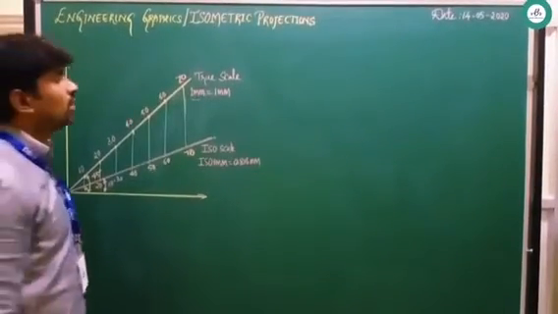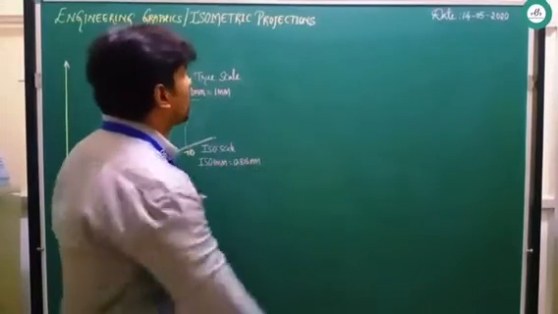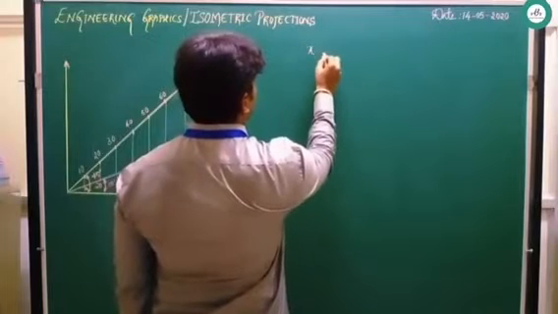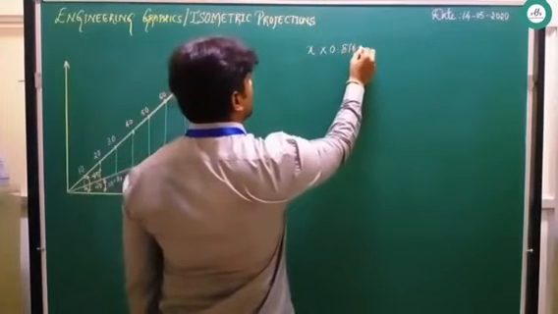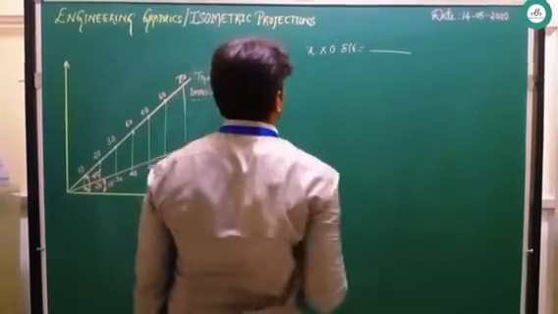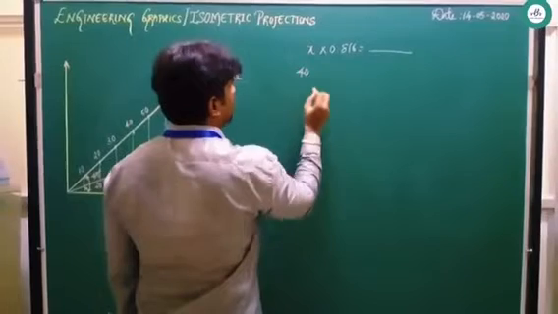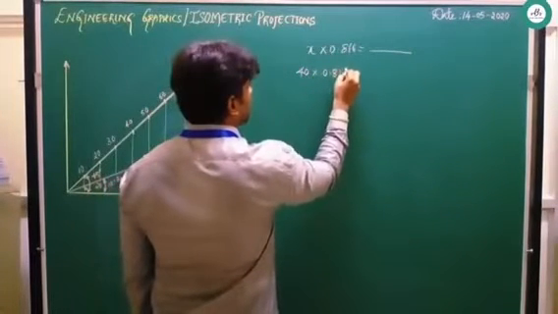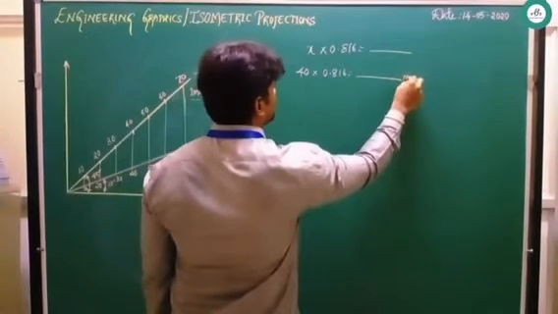If you are doing the same thing using a calculator, any given dimension, say x, multiplied by 0.816 gives the isometric scale. For example, take 40 mm as the given dimension, multiply it by 0.816 and you get the iso dimension.